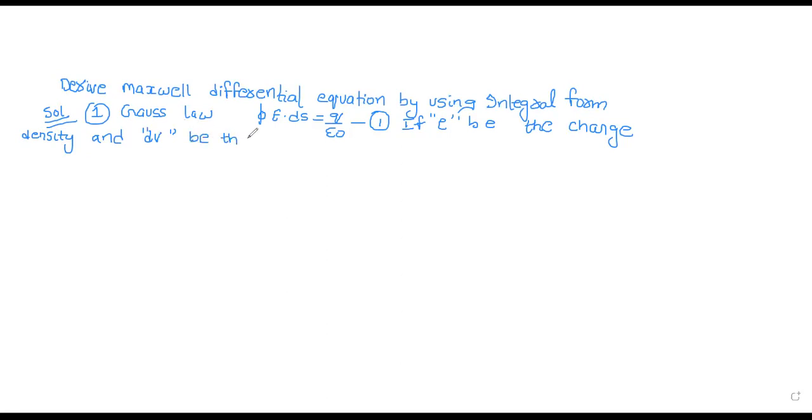By seeing equation 1, we need to derive this integral form into the differential form of the Maxwell first equation. So for that, we are considering rho as the charge density and dV as the small volume.